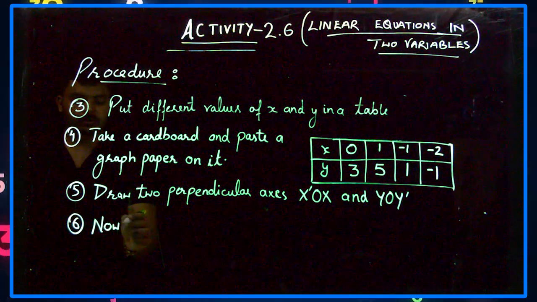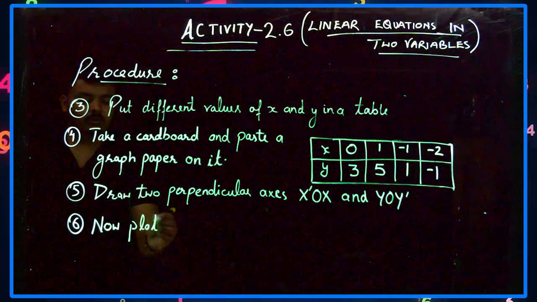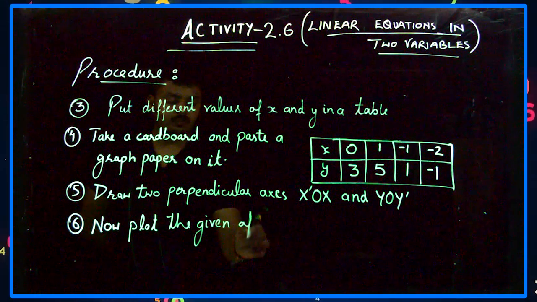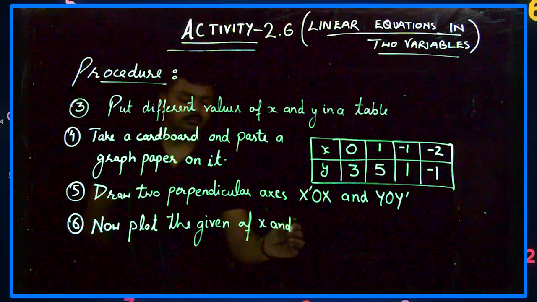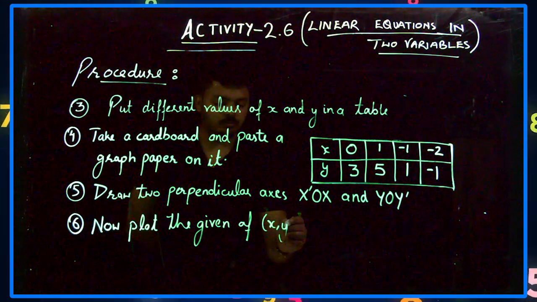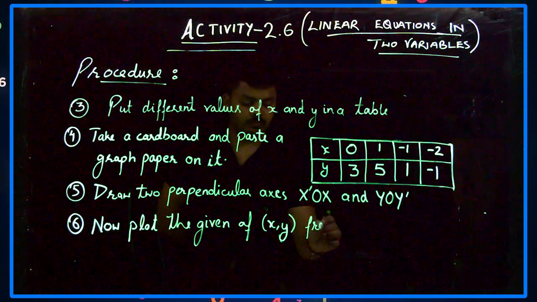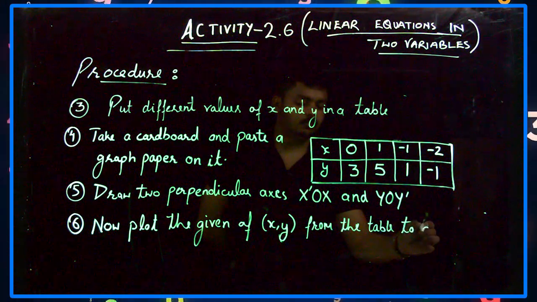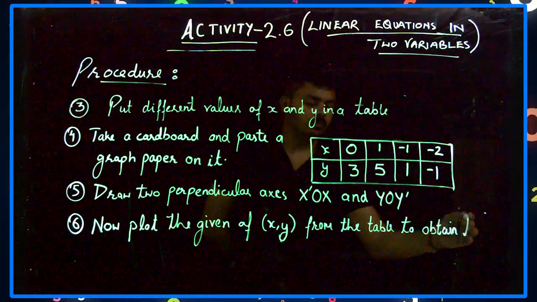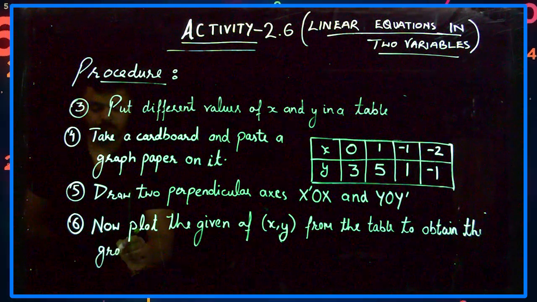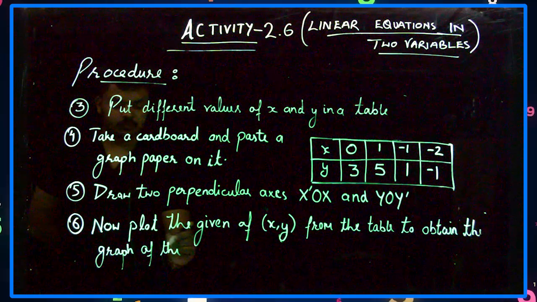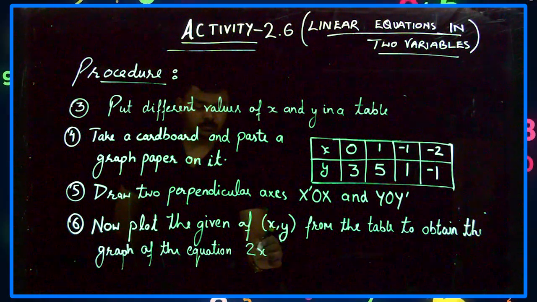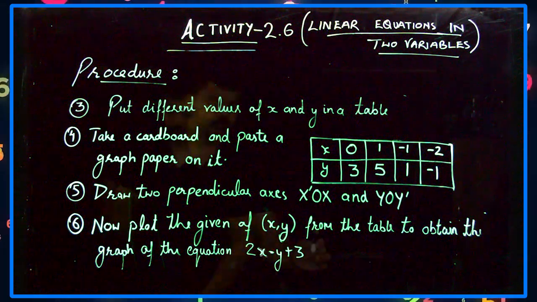Now plot the given points of xy from the table to obtain the graph of the equation 2x minus y plus 3 equals to 0.